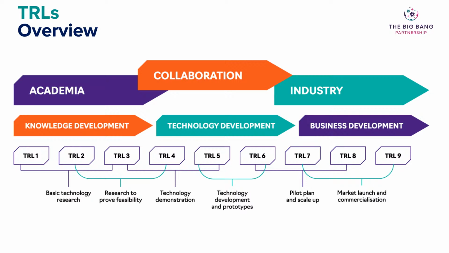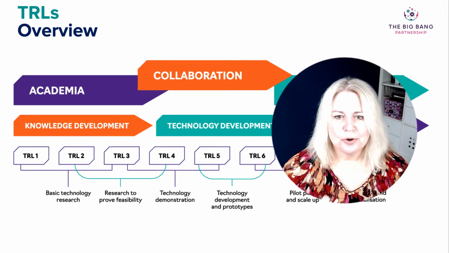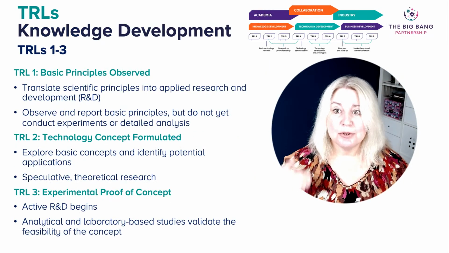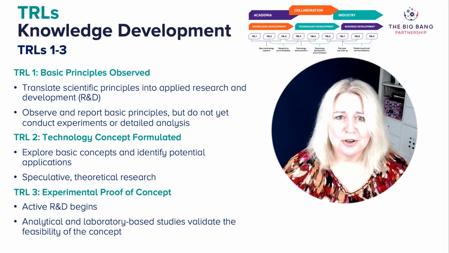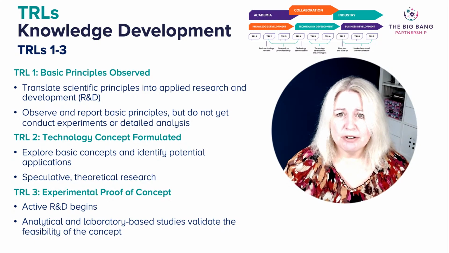Stages 4 to 6 are around collaboration and working with others, including sometimes some end users towards the latter stages to get the innovation out and functional, and then finally into industry. So you can see that there are these different 9 stages, and these 9 stages all represent a different element of maturity. And I'll just take you through what those are at a really high level.